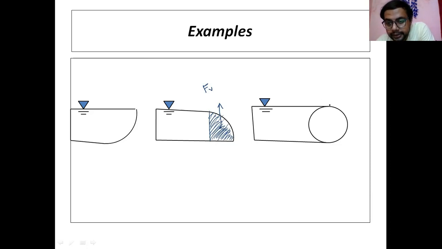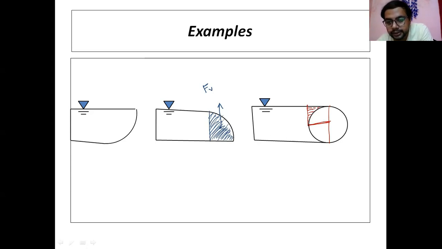If you consider here, the upper half portion is supported by this much volume of liquid.